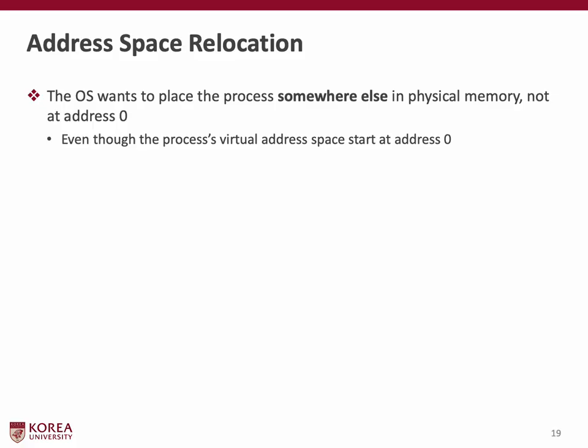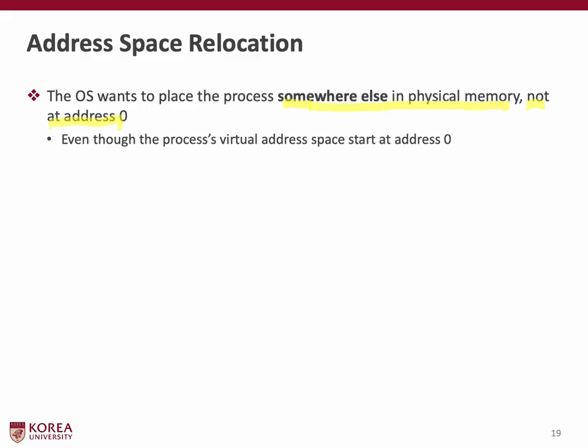When the process starts running, the operating system needs to place that process somewhere in physical memory. But that location is usually not at address 0. This is because the lower part of physical memory is reserved for the operating system itself. So even though the process virtual address space starts from 0, it can't actually be placed at physical address 0.